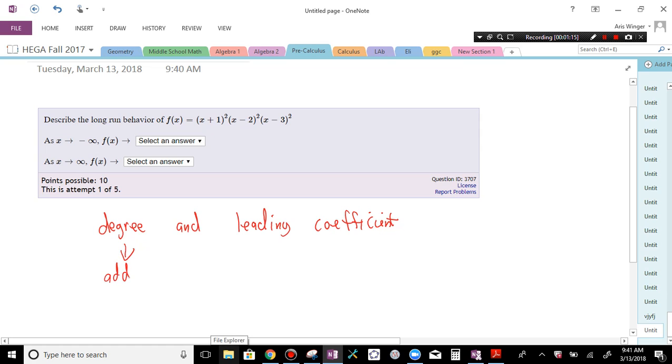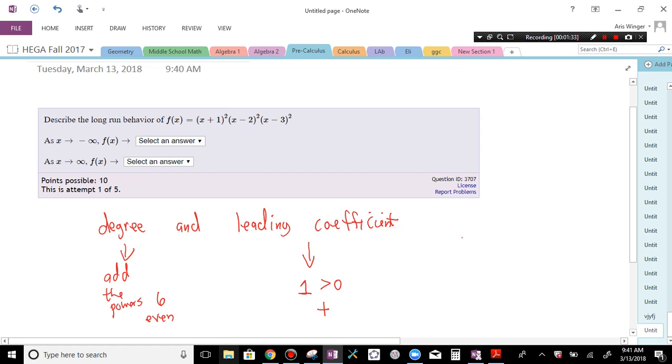Add the powers. Looks like the degree is 6, which is even. Everything looks positive in terms of the leading coefficient. It looks like it's 1, which is greater than 0.